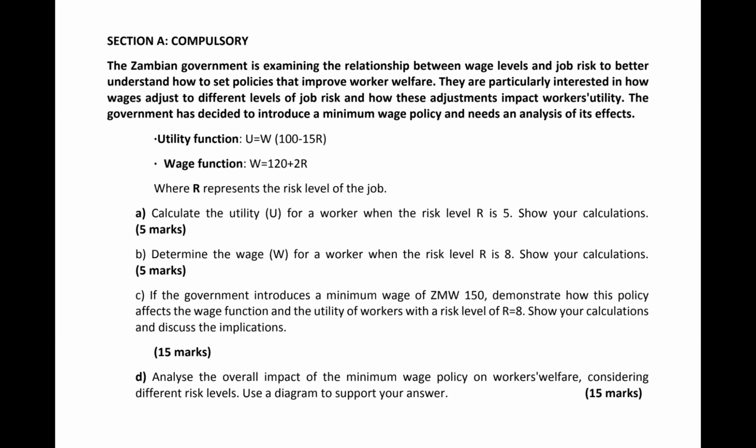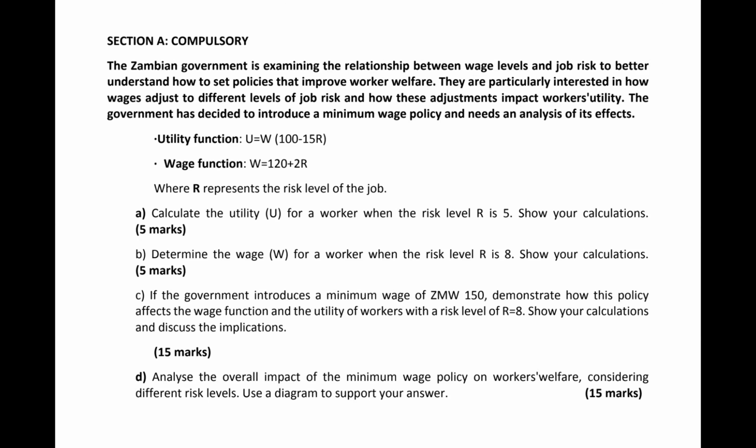The utility function is W times the bracket 100 minus 15 times the risk. So we need the W for us to find this utility. And we're told that W, which is the wage in the wage function, is 120 plus 2 times R, where R is the risk. So you can substitute the risk into this wage function so that you find W first.